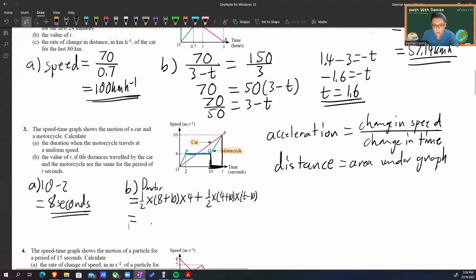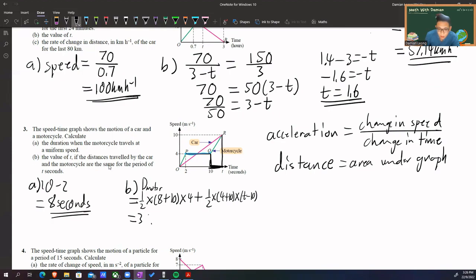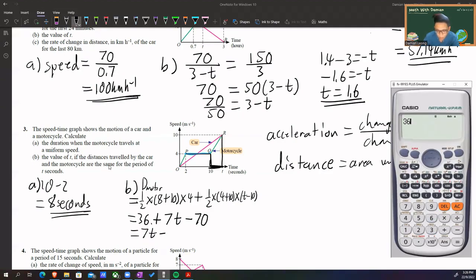Okay, so if I simplify this, half times 18 times 4 is 36, plus this one, half times 14 times (t minus 10), 7t minus 70, so it's 7t minus 34.